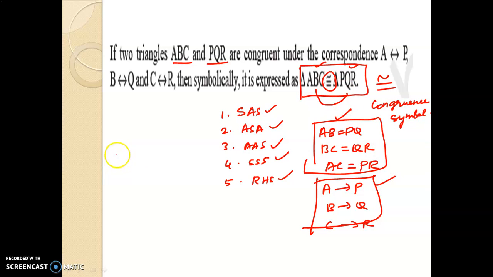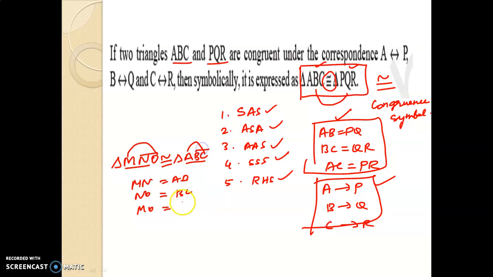In a similar way, for example, triangle MNO is congruent to triangle ABC, how can you write it? So this side MN is equal to AB, and similarly side NO equal to BC, and the last, MO equal to AC.